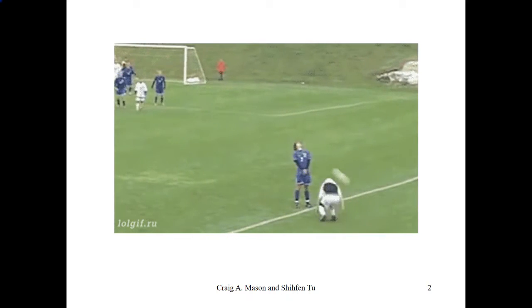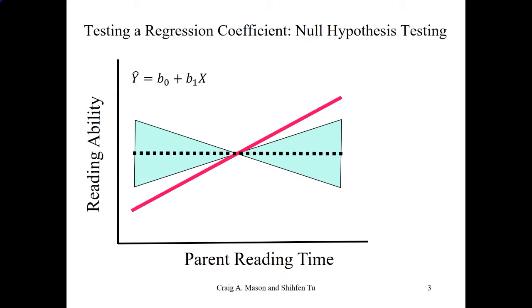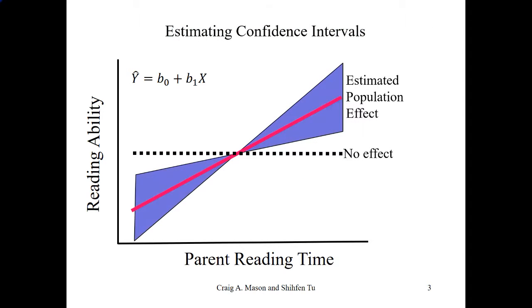Now we'll flip it around a bit. Instead of using the standard error of the regression coefficient to estimate the range of values we would see if the null were true, and the regression coefficient, our slope for the line, really is 0, we'll use the standard error of the regression coefficient and the slope from our regression model to estimate the range of values for the true population effect.